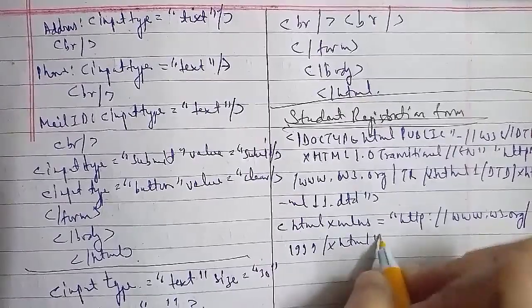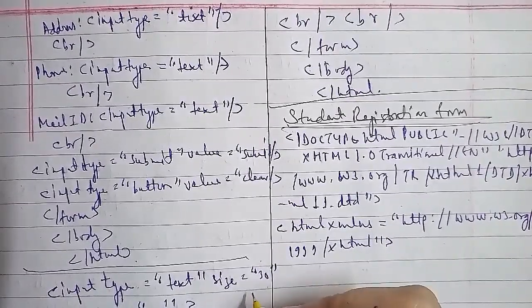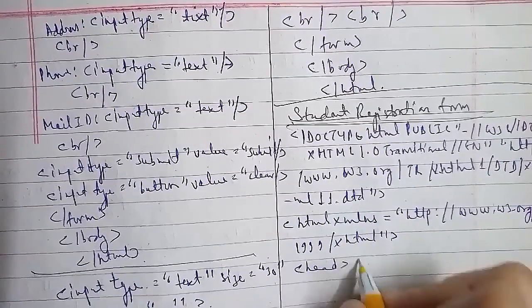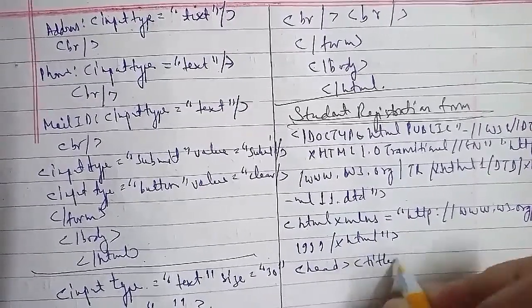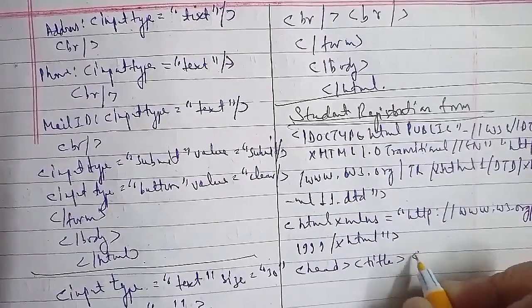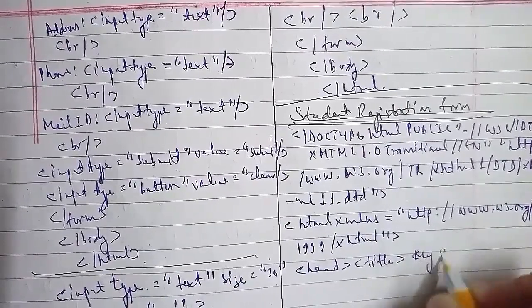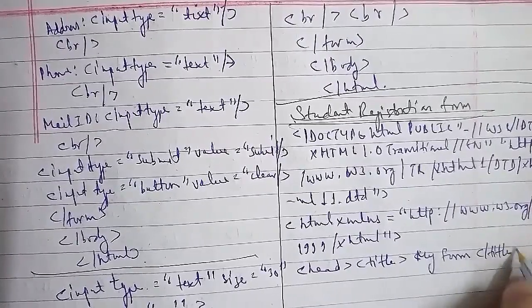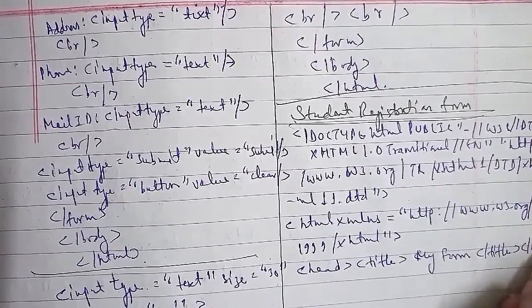Now we come to name. Name, input type text, name equals to name, value equals to.